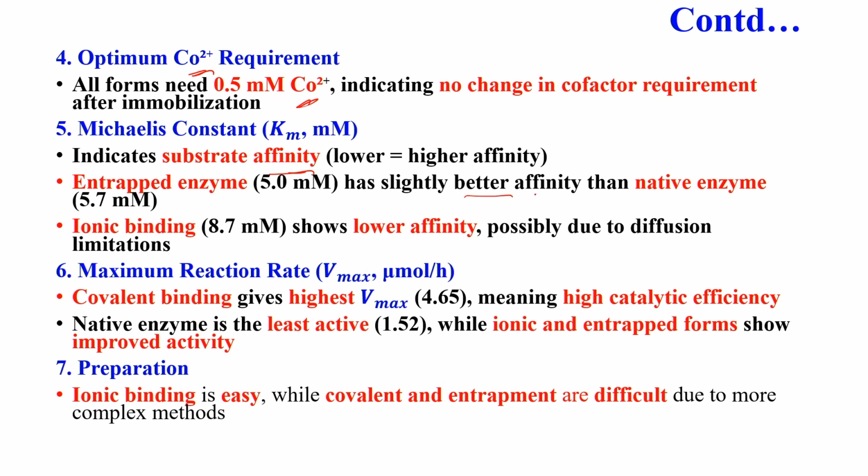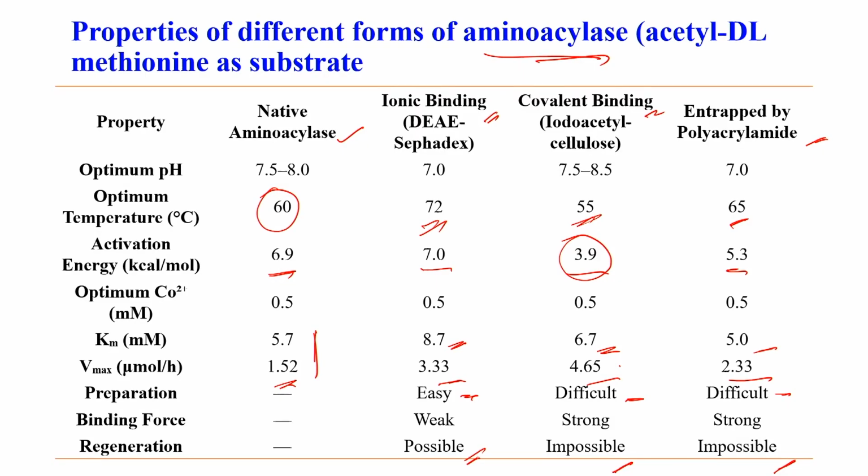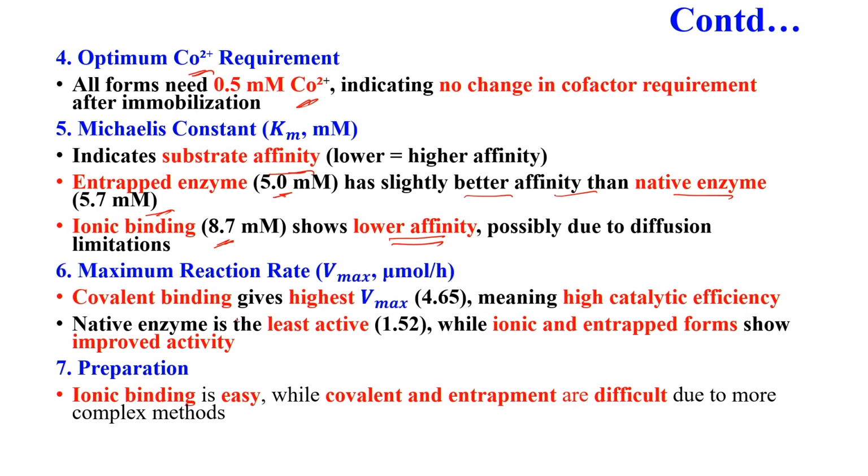Entrapment has slightly better affinity compared to native because the Km value is slightly decreased, but in the other cases, ionic binding shows lower affinity because the Km value has increased from 5.7 to 8.7 and 6.7. Covalent binding gives the highest reaction rate, meaning high catalytic activity, which can be correlated with the lower activation energy.